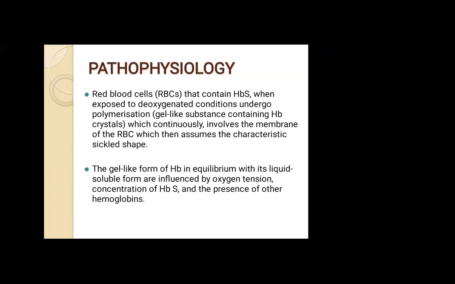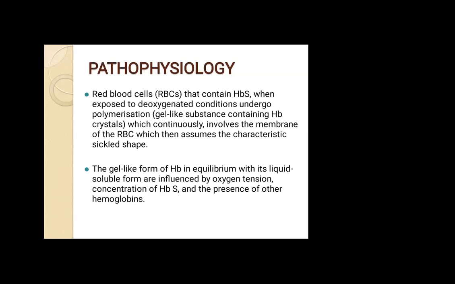Normally, hemoglobin is supposed to be liquid and soluble. Under this oxygen tension, they tend to cluster to each other and polymerize. This continuous polymerization will attach to the red blood cell membrane and deform the membrane, forming the sickle cell shape of the disease.